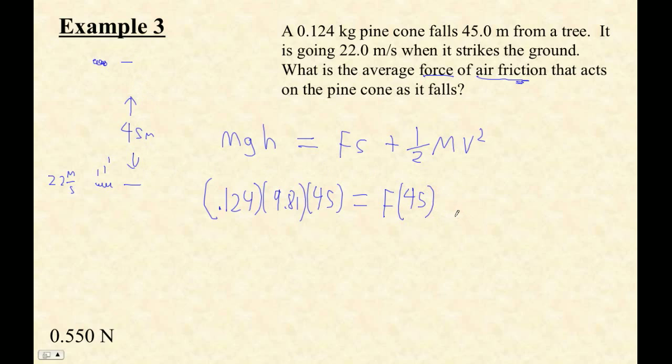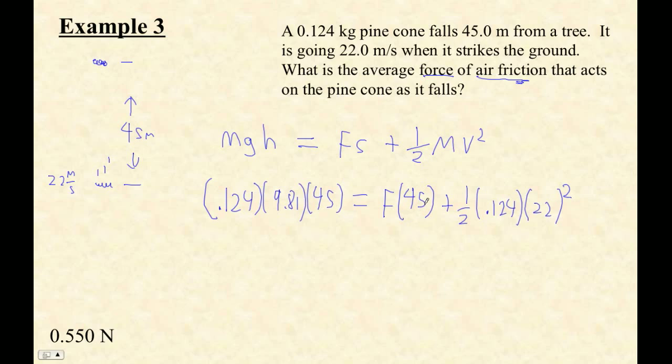Okay, and then 1 half, and then 0.124, and then what is it? It's going 22, right? And so to do this, what am I going to do? I guess I'm going to do this side, subtract that guy, and then divide by 45, right?